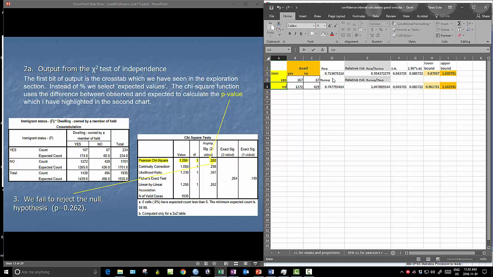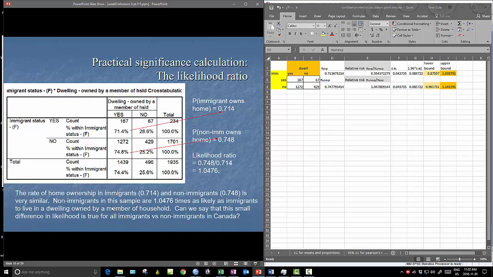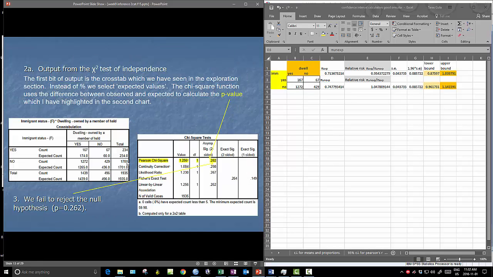Okay, and so what we'll see is 71.4% versus 74.8%, which is what we had back here, 71.4 versus 74.8. Remember we talked about observed versus expected.